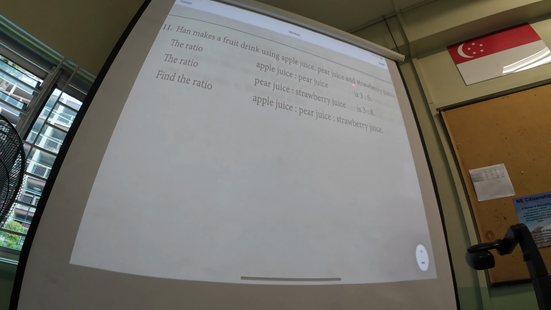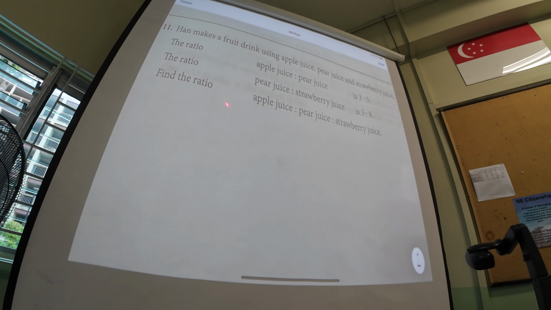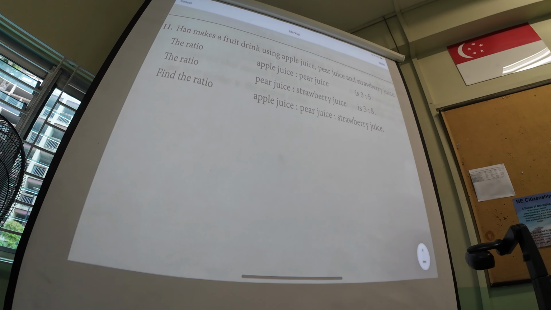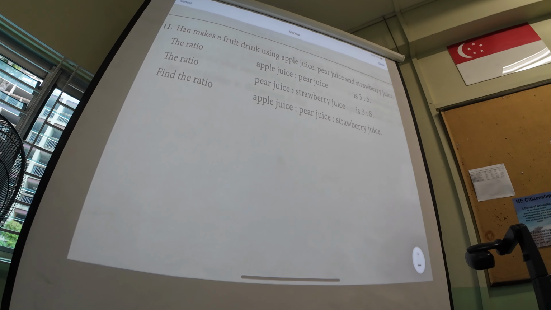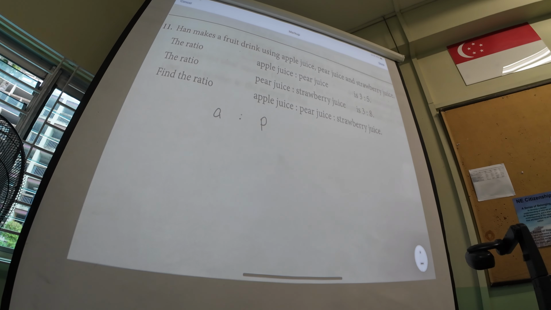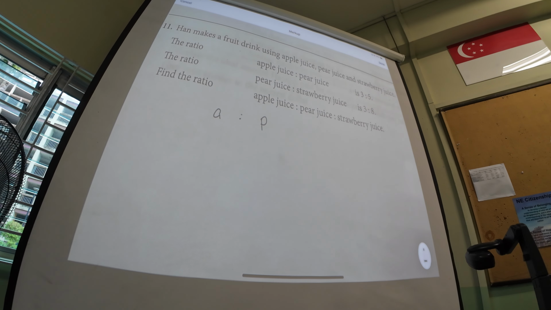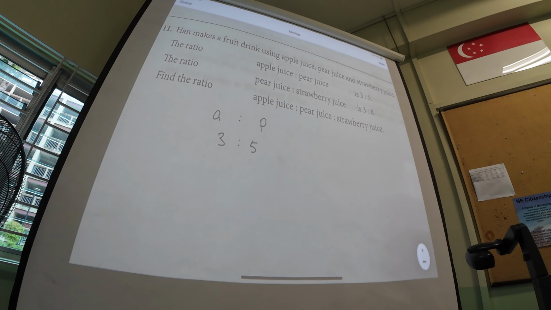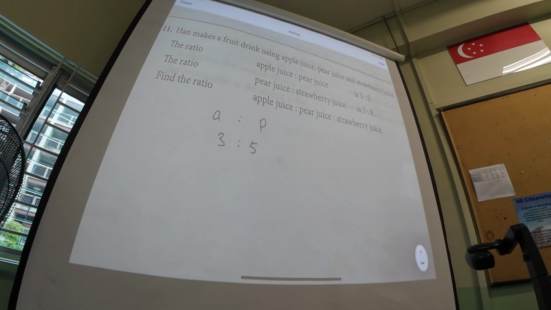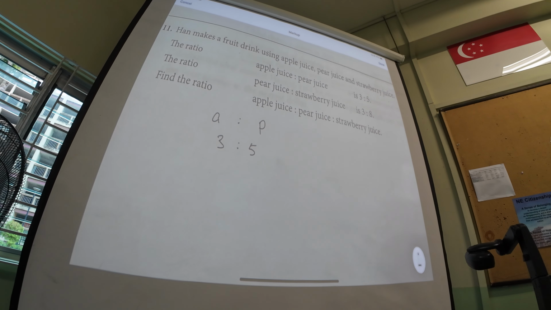Okay, so we are given 2 ratios and then we are told to put all 3 together. So we can start with apple juice to pear juice. We know it is 3:5. Then we finally want apple juice, pear juice, strawberry juice.